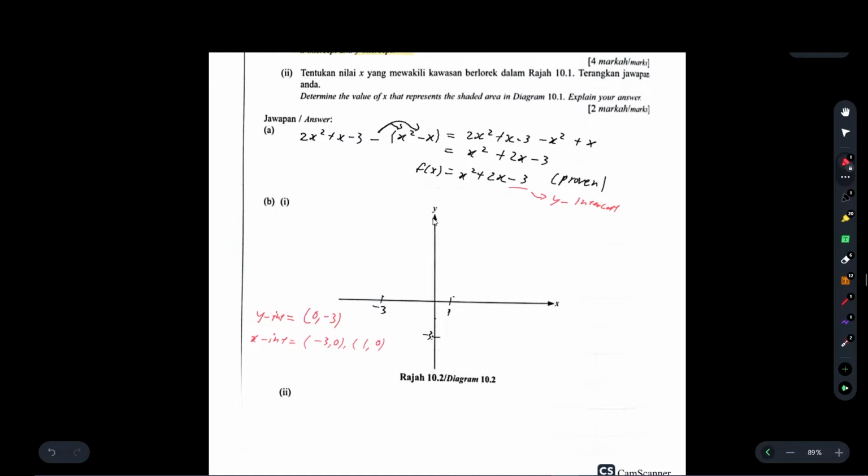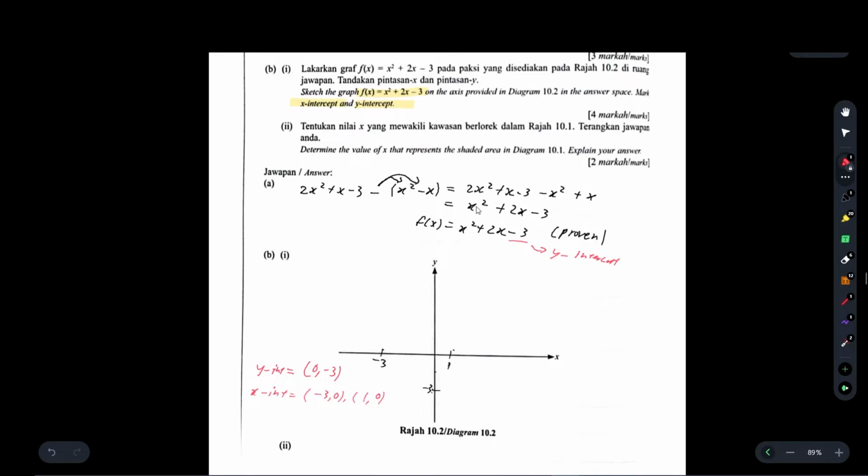Also we need to find the axis of symmetry. How do we find it? There's a formula for the axis of symmetry: -b/2a. Our b is 2 and our a is 1, so it will give us -2 divided by 2 times 1, and we will have -1.